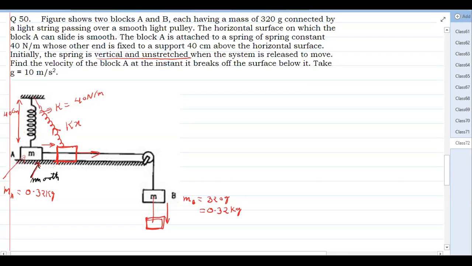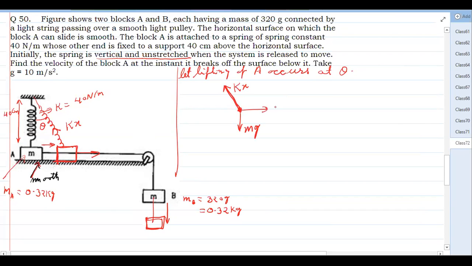So suppose the spring started from here and it goes at angle theta. Let us assume the lifting of A occurs at theta. So what will be the forces at that point? One force will be kx, then one force will be the downward mg, and one force will be the tension.